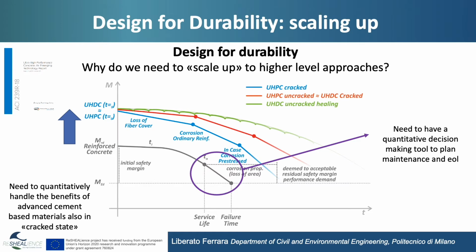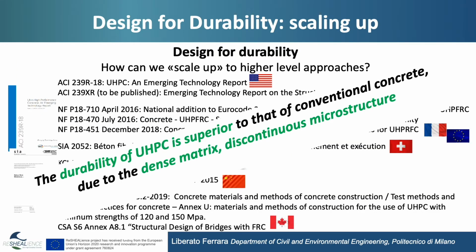So in order to coherently design with these materials, as far as durability is concerned, we need a higher level approach. And as far as the ultra high performance material, I have listed here a number of standards from America, from France, from Switzerland, from China, from Canada.